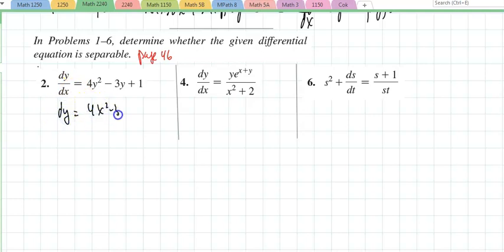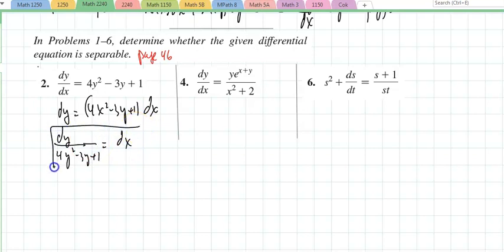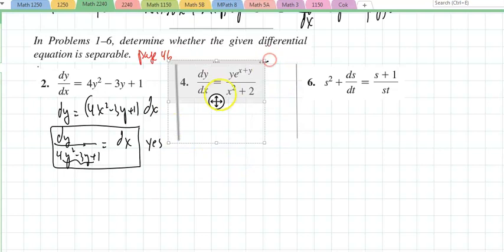If I cross multiply, wouldn't you say dy divided by (4y squared minus 3y plus 1) equals x dx? Since you were able to separate the y with the dy and the x with the dx, you would say yes, this is separable. If I integrate, of course this requires integration, a partial fraction, but I can integrate it. So here you're just trying to figure out, can I separate those or not?